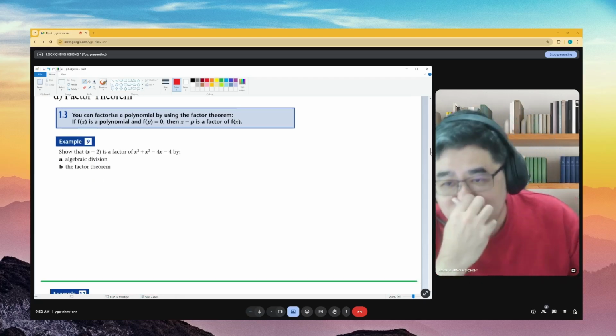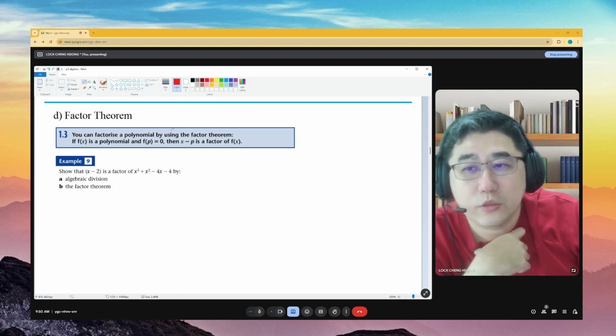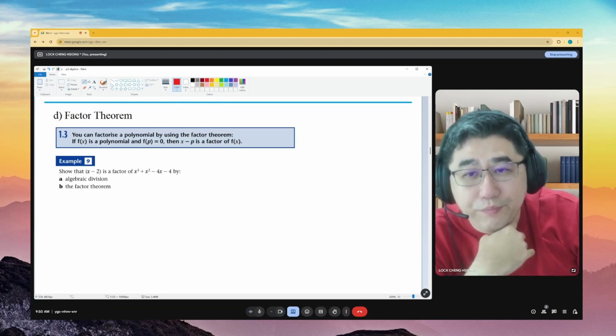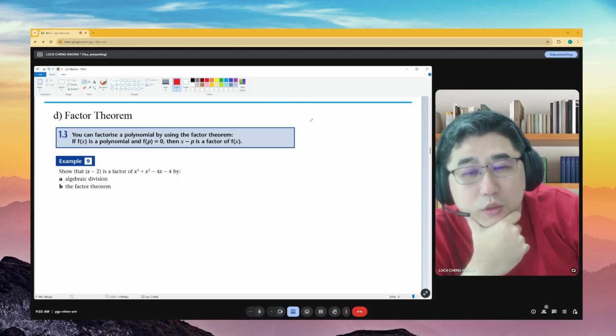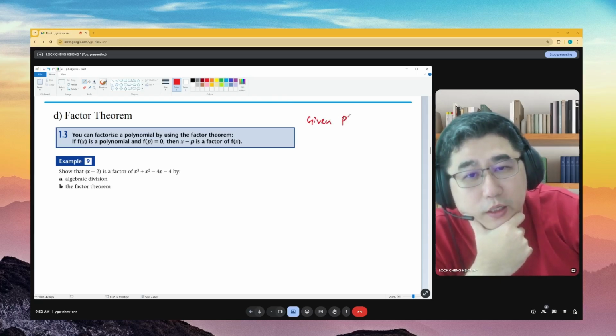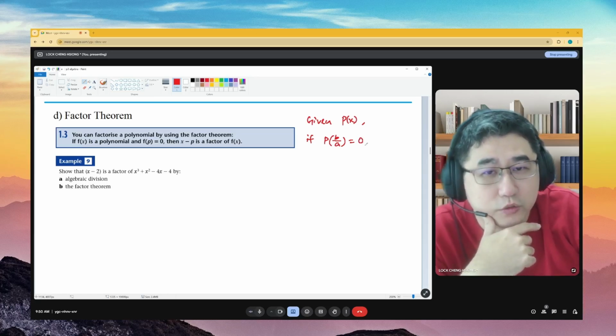Okay, factor theorem. Factor theorem is actually a continuation of remainder theorem. So what does the factor theorem actually say? Given p(x), if p(b/a) equals 0, you have this as the condition.